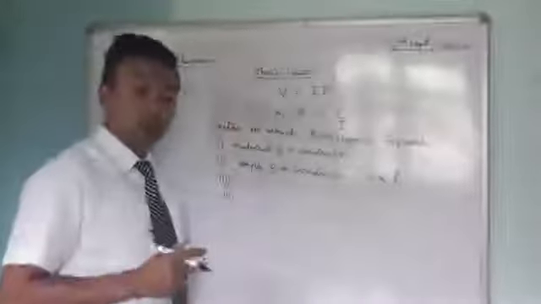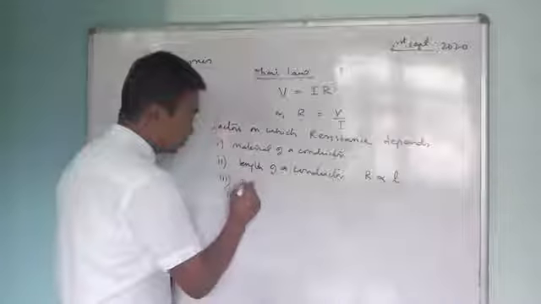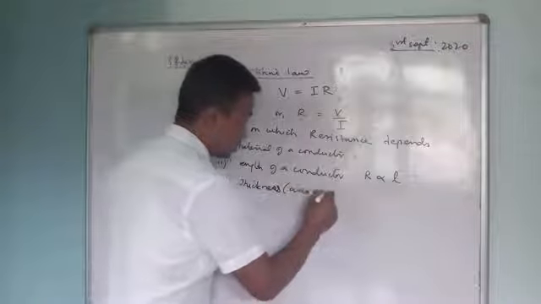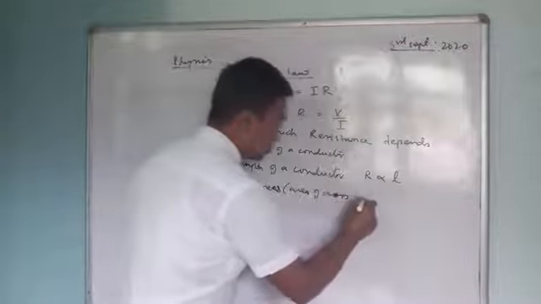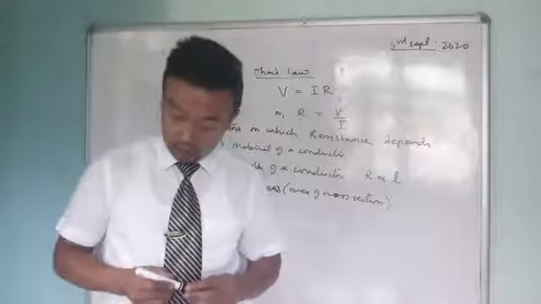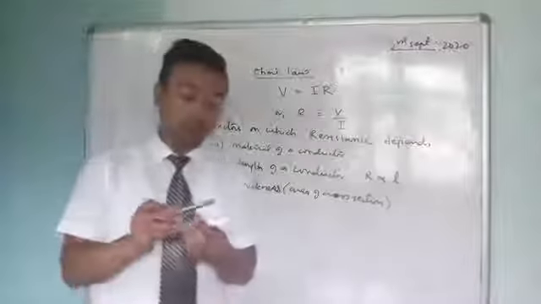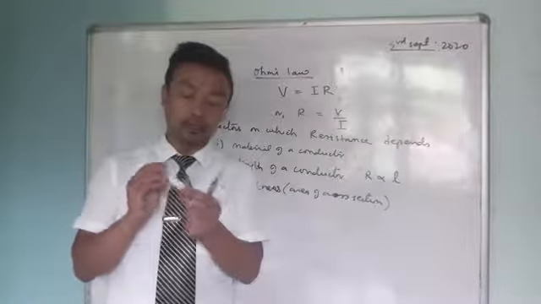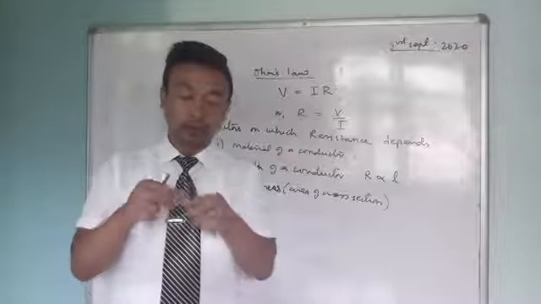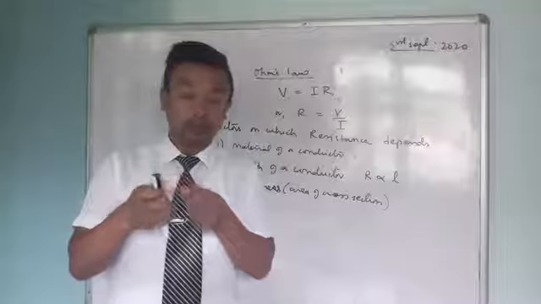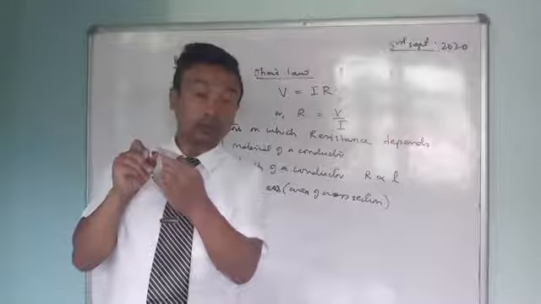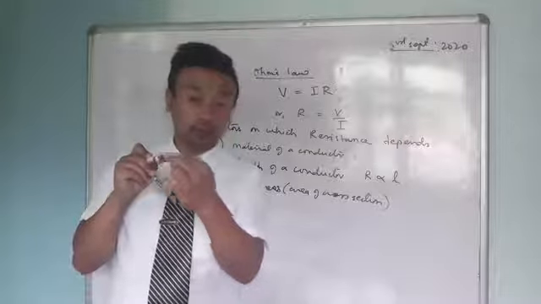Third, it depends upon the thickness or area of cross section of a conductor. Now see, let us take these two pens as an example. This is the area of cross section, the thickness of the wire or conductor, and in this case this is the area of cross section. If you compare these two wires, obviously this one has more thickness, so the area of cross section is more.